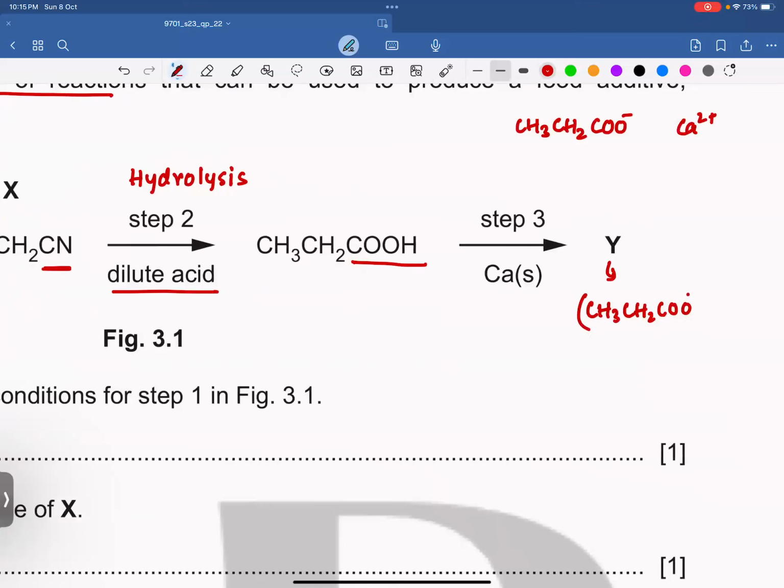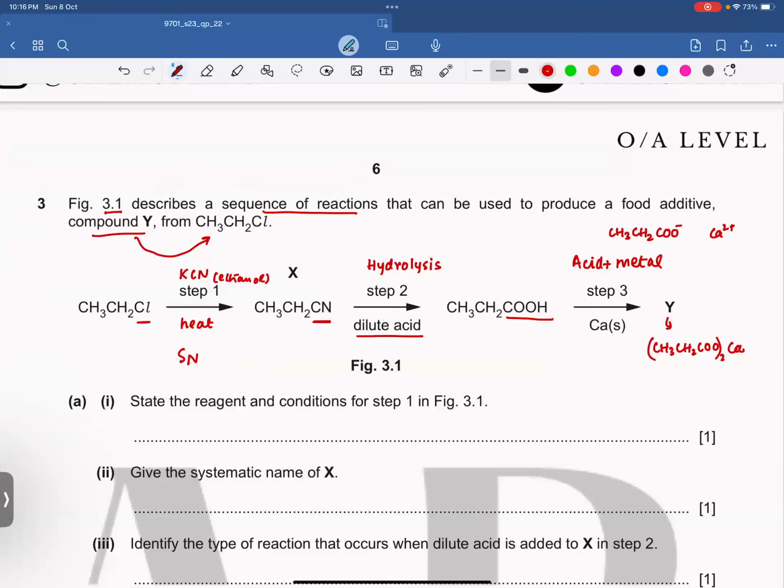So it is an acid-metal reaction. The first reaction is nucleophilic substitution, the second is hydrolysis, and the third is an acid and metal reaction.